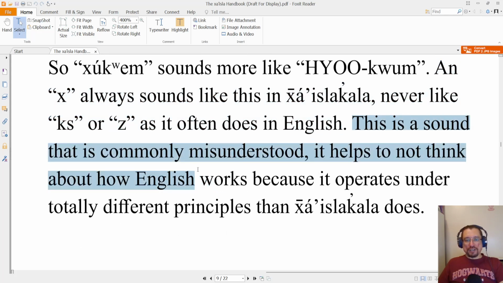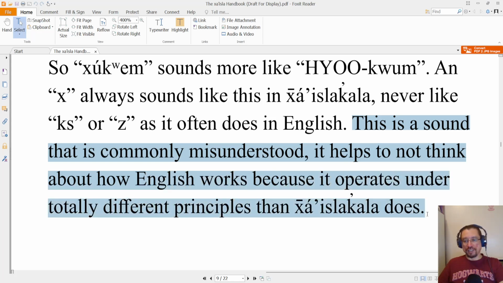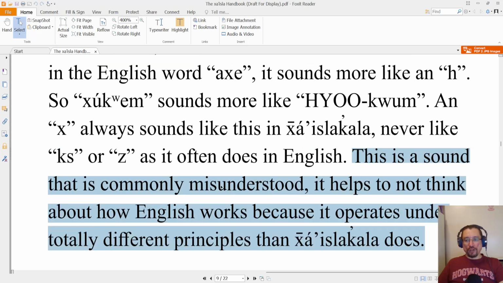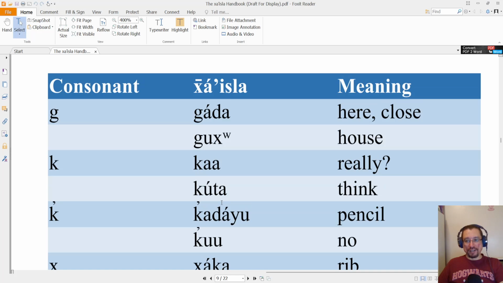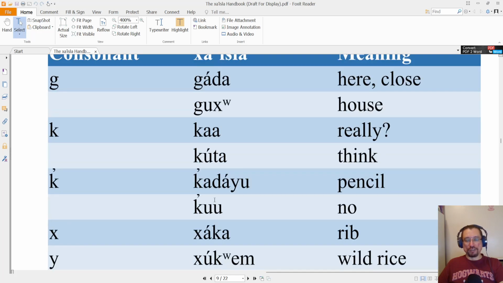So this is a sound that is commonly misunderstood. It helps not to think about how English works because it operates under totally different principles than xa'isla does. So this is something that's also very important to keep in mind. And I'll say this. English is not xa'isla. Xa'isla is not English. That is something that will help you a lot in understanding the language.